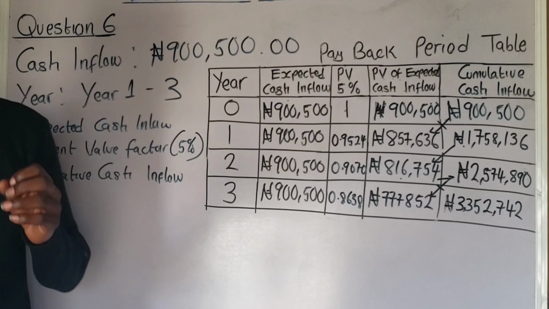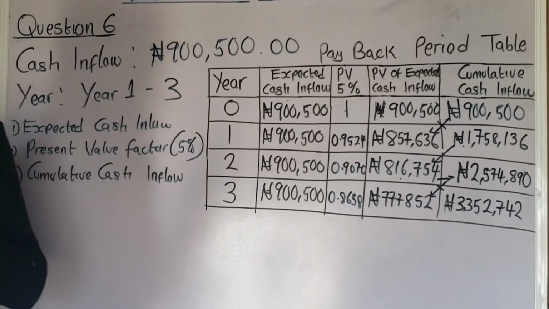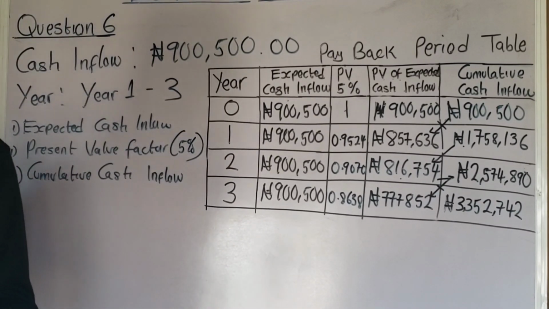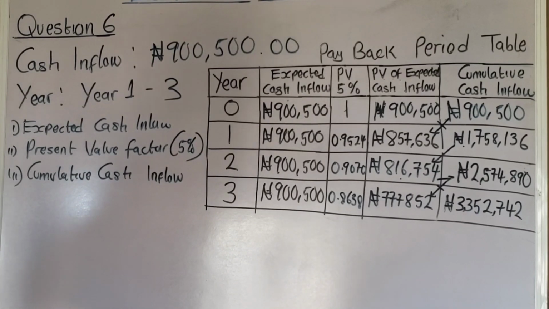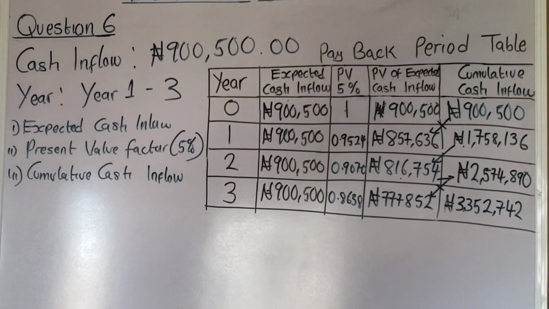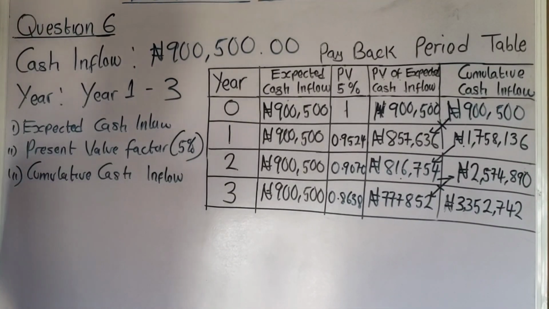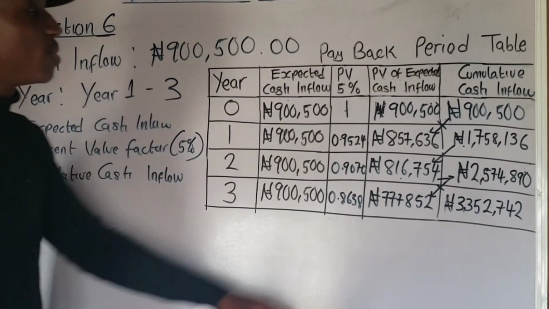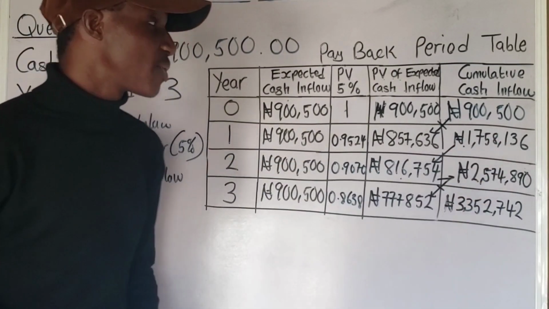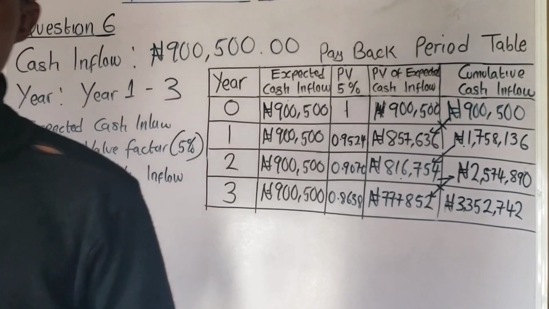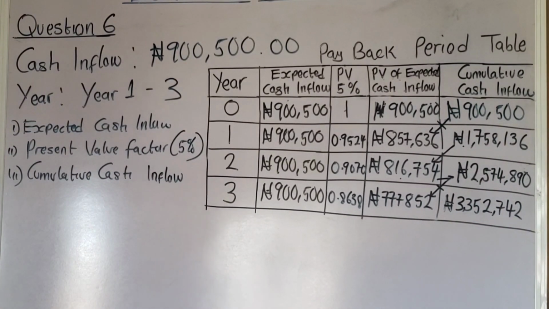You can put it like this: the break-even period of the approved loan with interest is year 1, because that is the year in which the first cumulative cash inflow is greater than the loan. Do you understand? That is the answer to that question. The break-even period is year 1, and the cumulative cash inflow there is 1,758,136 naira. See you in the next class.